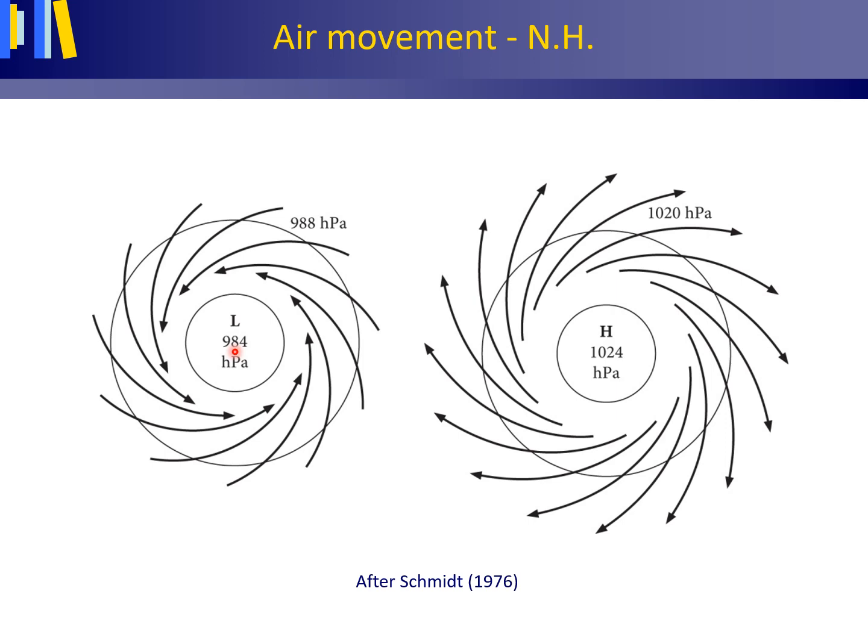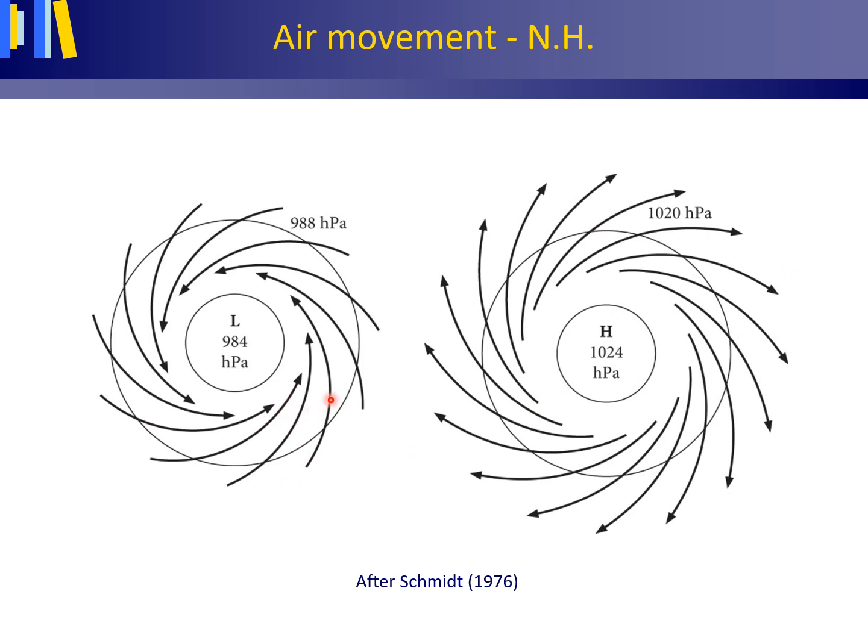The movement of air around and in high pressure areas, shown here, is the opposite of what happens around and in low pressure areas. The air movement in the center of the high pressure area is downwards, and then the air movement spirals out of the high pressure area as indicated here.